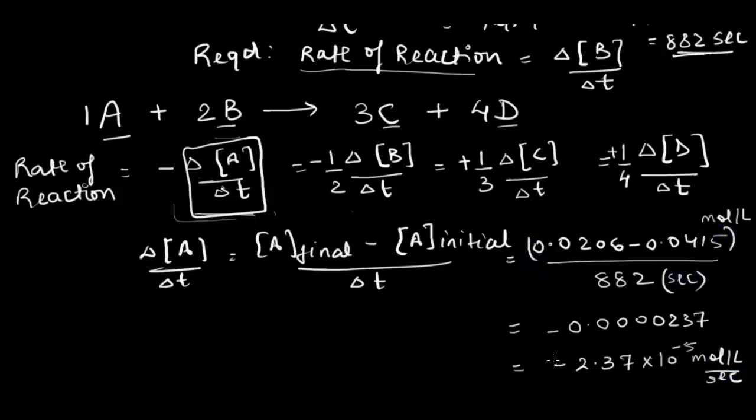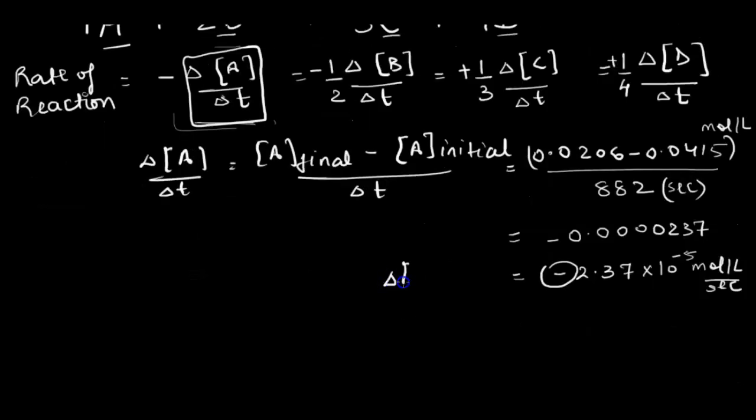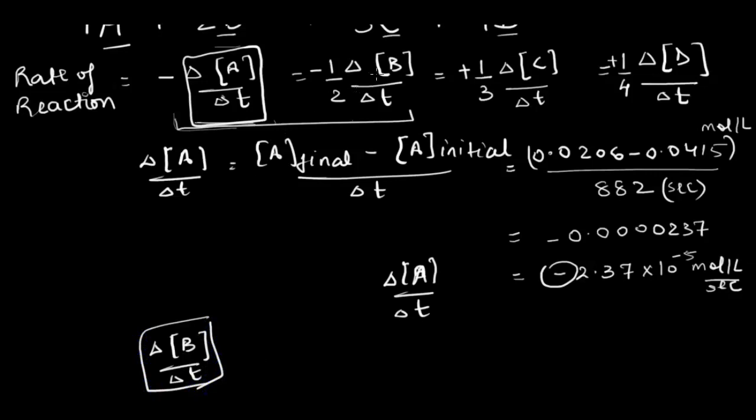Now this negative sign just means that the rate of reaction from A is basically the rate of consumption of A. So we have got the rate of reaction of A to be this. We want to find out the rate of reaction of B. This is exactly what we are looking for, and we know we can find out B from A using this proportion.